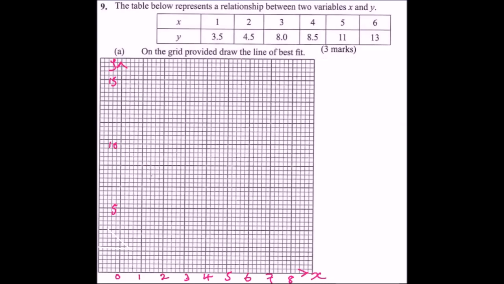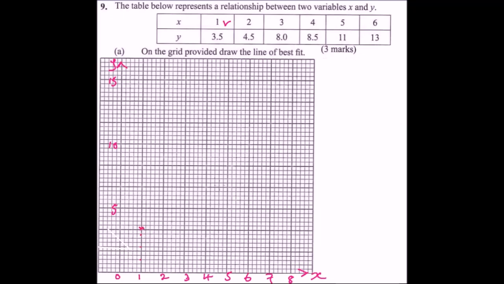From there we plot our points. When x is 1, y is 3.5. So here is where we have 1. 3 small squares represent 1, so we have that is 1, this is 2, this is 3, and therefore 1.5 from there is where you have 3.5.